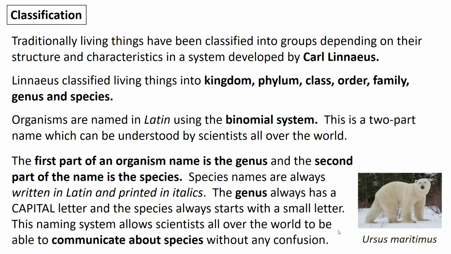This rigorous and clear naming and classification system allows scientists all over the world to communicate about species without confusion. So, for example, here is the polar bear. Its name is Ursus maritimus, and you can see that Ursus is the genus part, the maritimus is the species part, and every scientist around the world working on polar bears will know that as that species name.